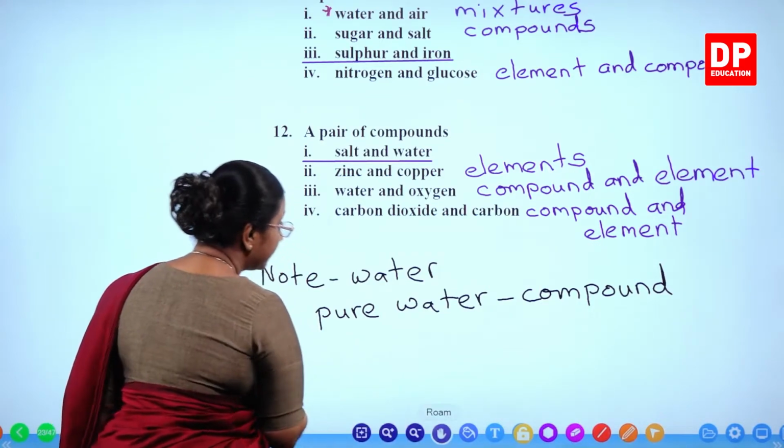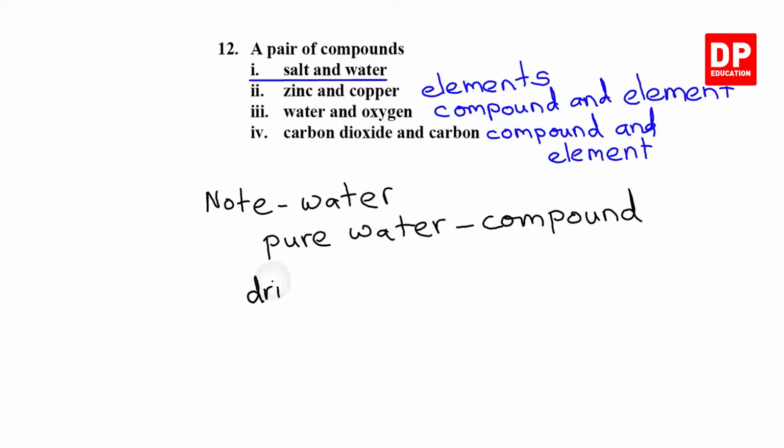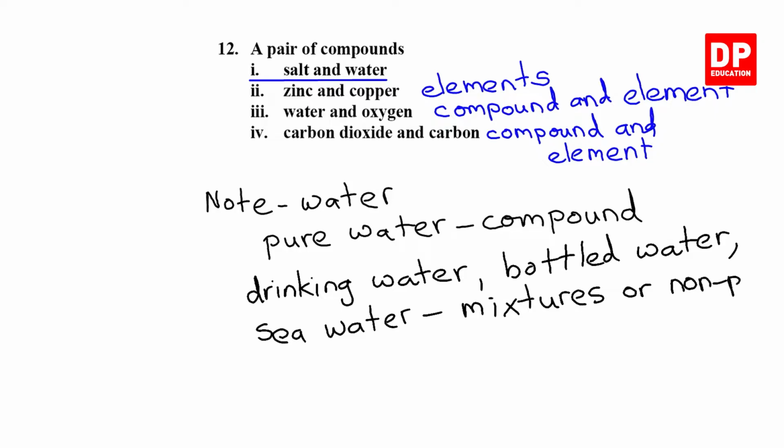But other samples of water, say drinking water, then bottled water, even sea water, all these are mixtures, or what we call non-pure substances.